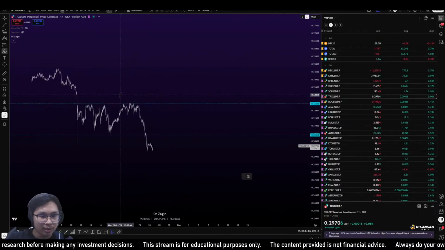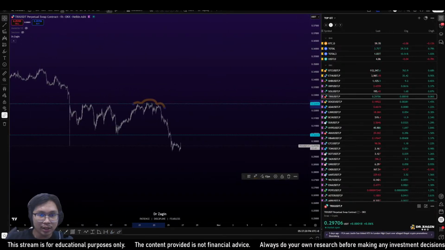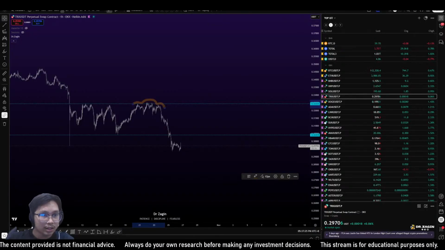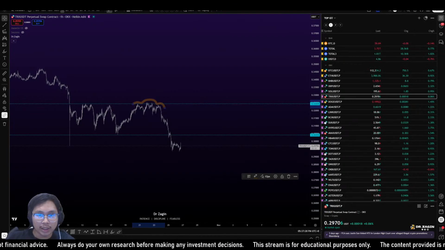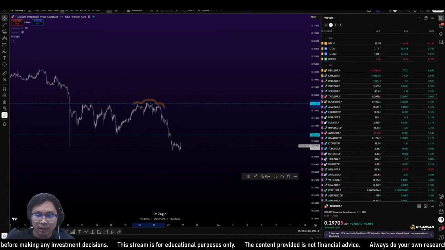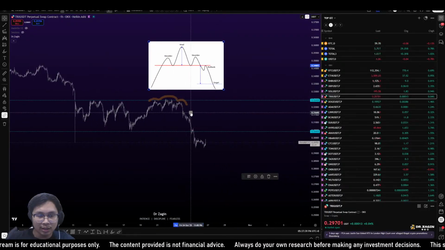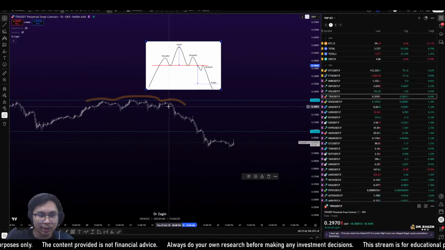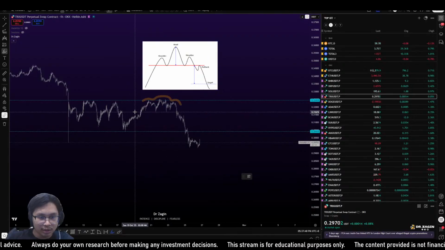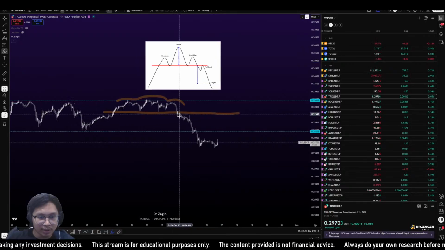Let's go 1 hour time frame. What do you call that? That's a head and shoulder pattern. I'll show you guys. HNS. That's a head and shoulder pattern. But it didn't create the pullback. Actually it did, but minor. This one. So if we base it off that picture, this is the line, then a pullback, minor pullback, which is this.